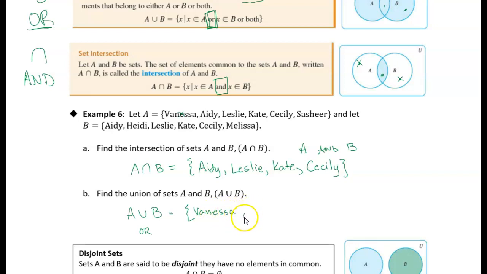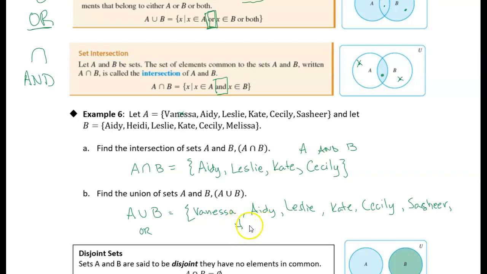So Vanessa, Adi, Leslie, Kate McKinnon, Cecily Strong, Sashir Zamata, she's part of the union. Okay, so we already listed Adi, we don't have to list her again.